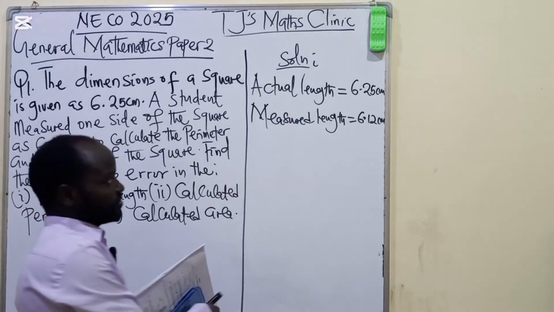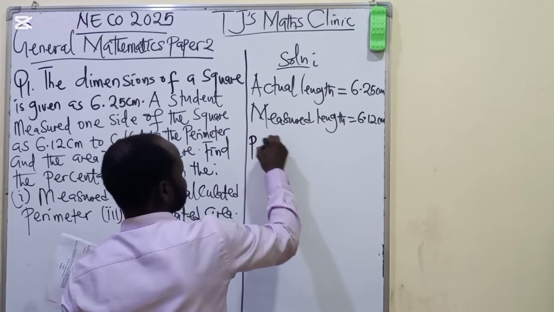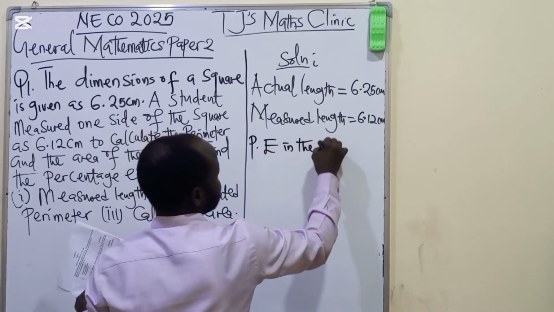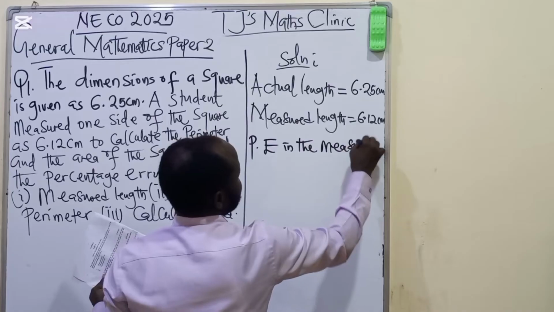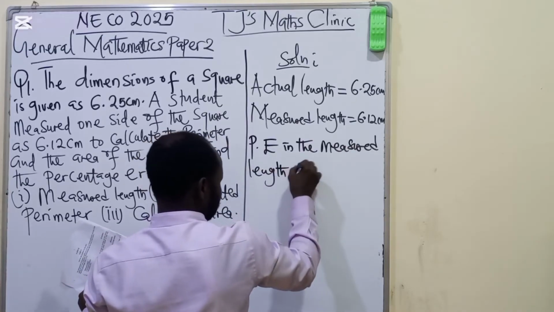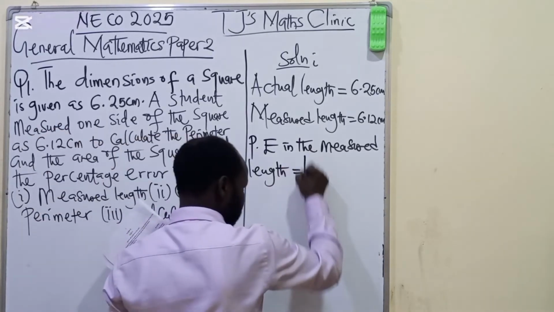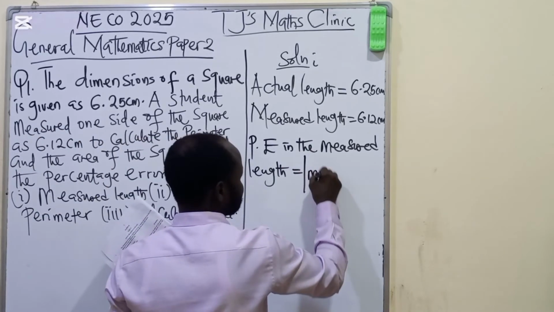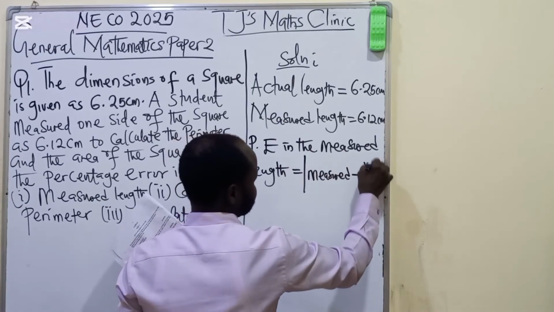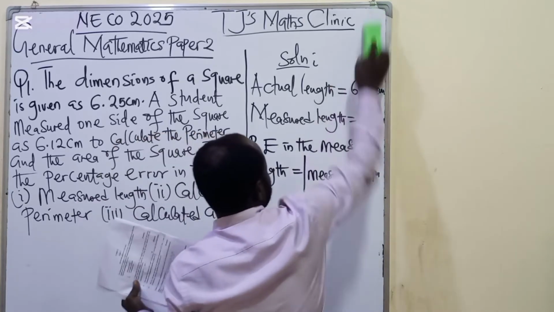Very important. Percentage error in the measured length is going to be equal to the absolute value of measured minus actual. Let me write the formula very well.